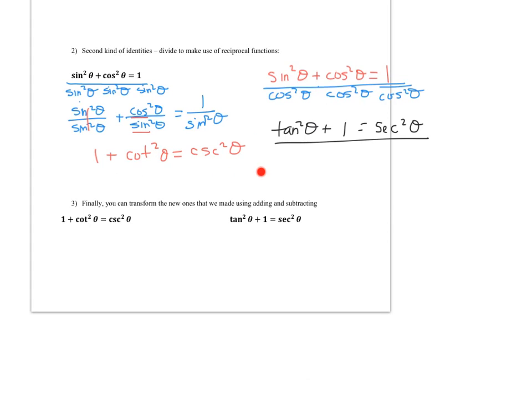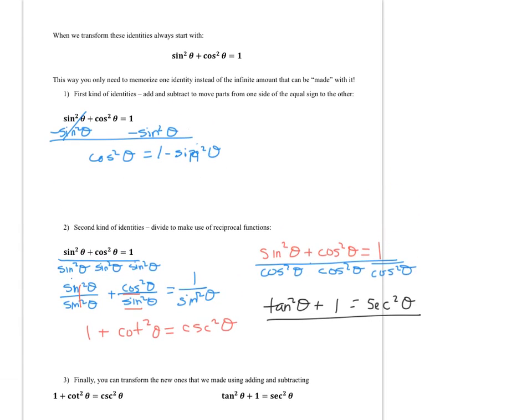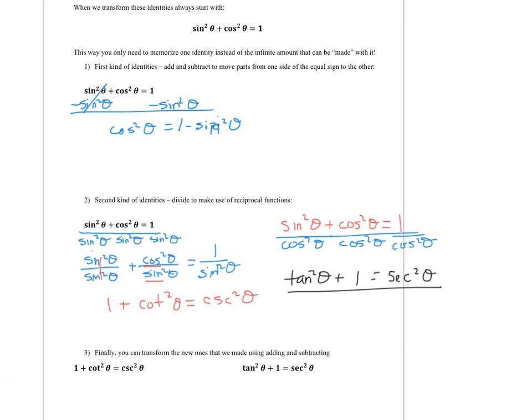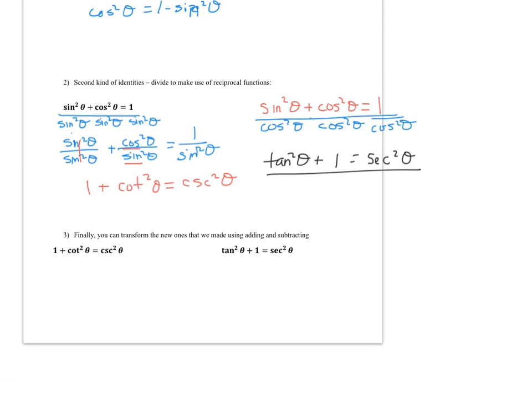And now from there, I can add and subtract them, just like we did up here, where I subtracted sine from both sides. I can come down here and add and subtract from both sides. So I can take cotangent and subtract and bring it over here.